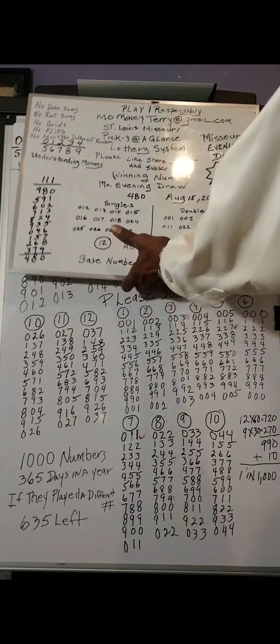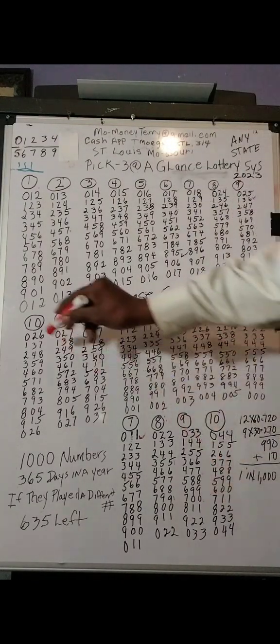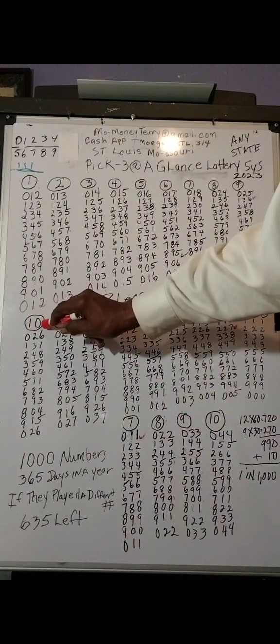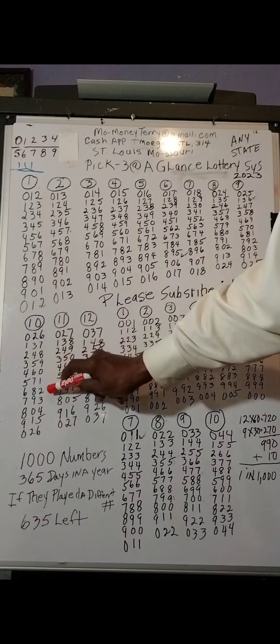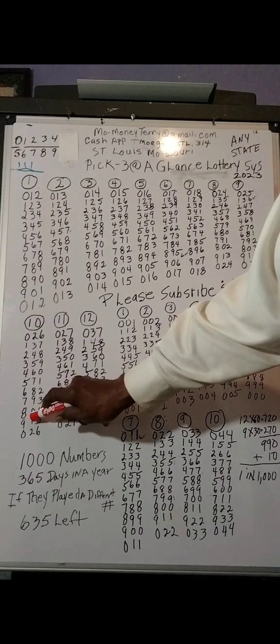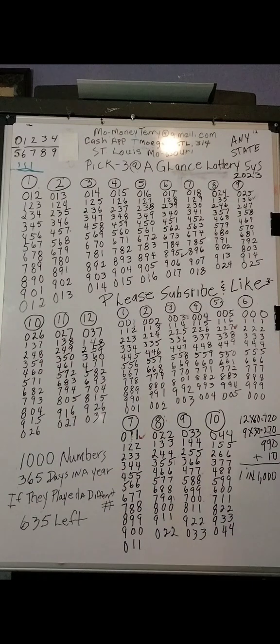The columns are numbered. 026 is column 10. And you go down column 10 and find that 480, but it's going to be 804. And you'll just mark that off the column.